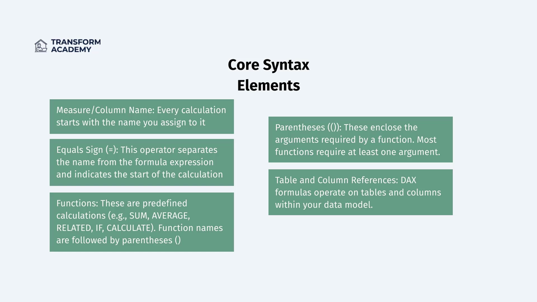Fully qualified names. The standard way to reference a column is using the format table name, column name, for example, Sales[Amount]. This avoids ambiguity and makes formulas easier to read, though the table name can sometimes be omitted if the context is clear.